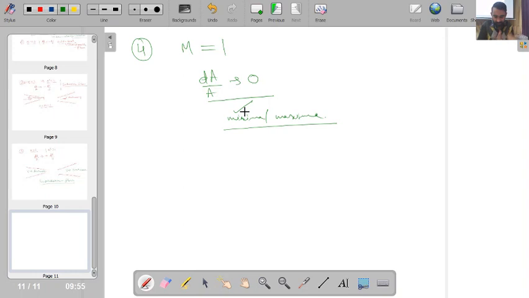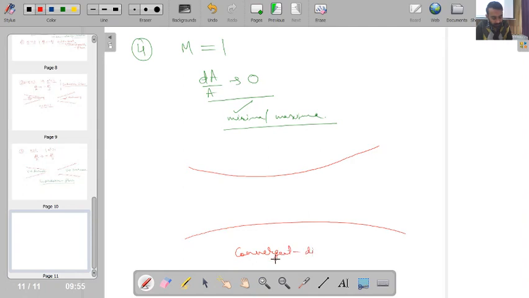Okay. So let me explain how this can be justified. Say I take a converging diverging nozzle. If I take this type of section, this is called converging diverging. At the moment I can call it a duct only. So this is my converging diverging duct. If I start with a subsonic situation, M less than 1, what will happen?